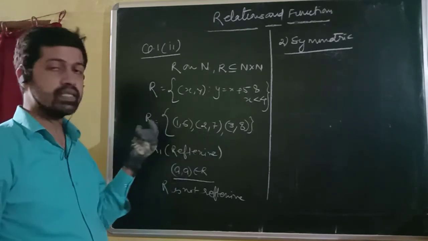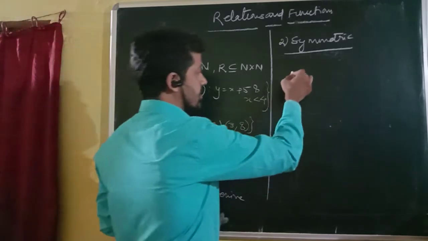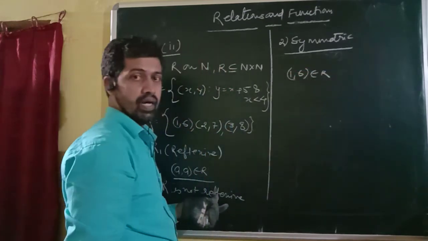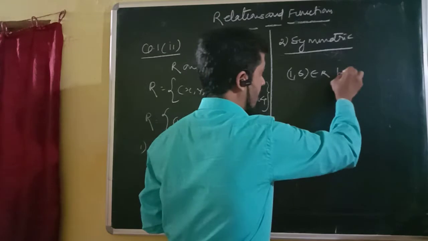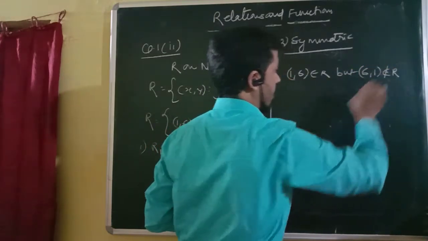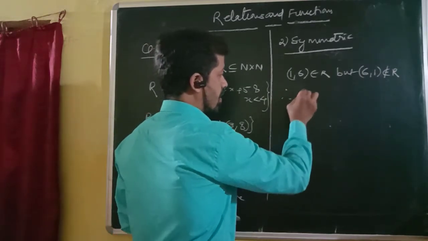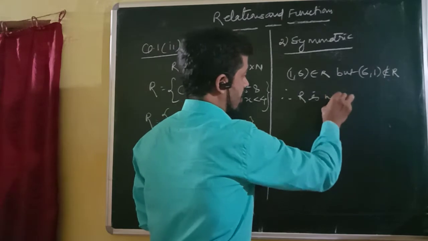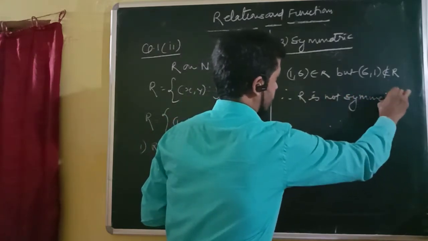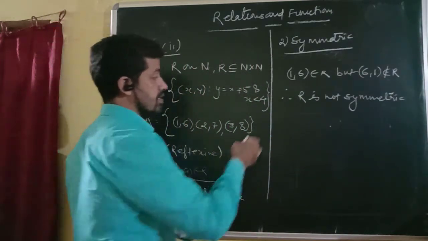So we say this relation is not symmetric. As a suitable example, 1 comma 6 belongs to R, but 6 comma 1 does not belong to R. Therefore, R is not symmetric. Hope it is clear.